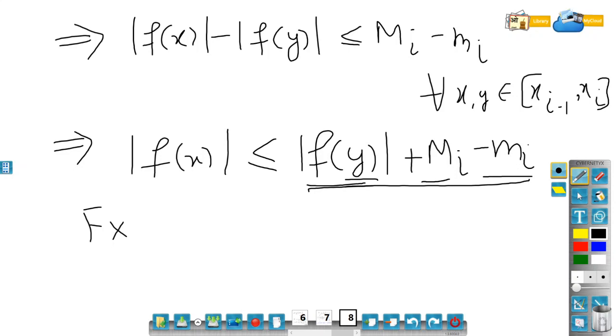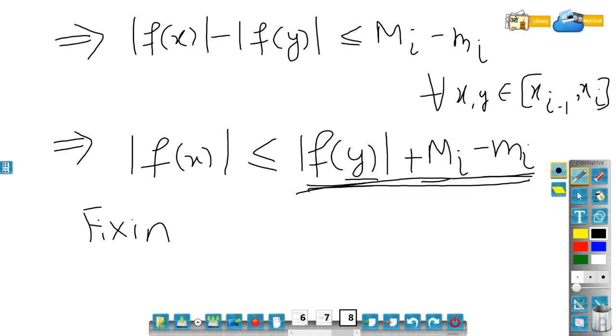But we already know one upper bound of mod fx, that is Mi dash, which is a supremum. Mi dash is also an upper bound for fx, but that's a supremum. So that would imply my supremum must be less than or equal to any upper bound of that function. So I will have capital Mi dash less than or equal to mod f of y plus capital Mi minus small mi. Let me write that down, things will be clear soon.